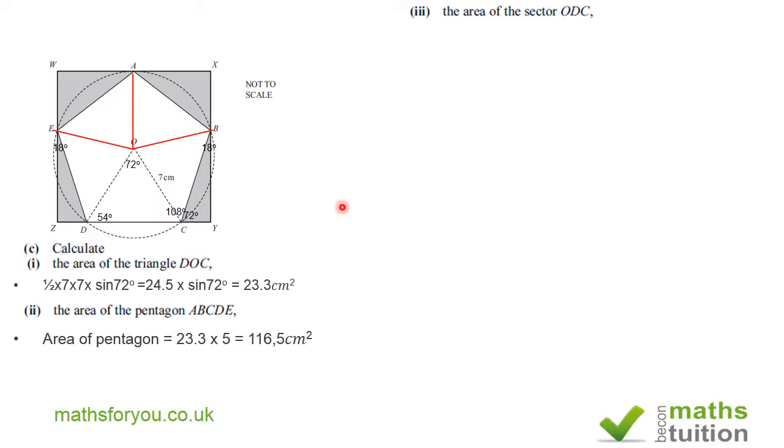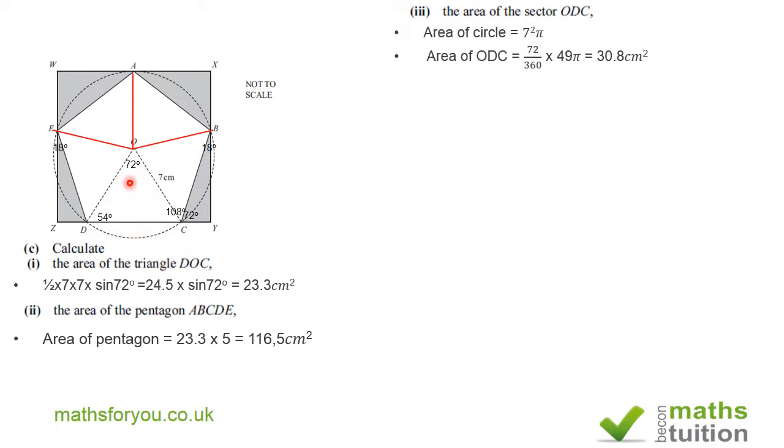The area of the circle is pi r squared, or 7 squared pi in this case, and 7 squared is 49, so 49 pi. So the area of the sector ODC then becomes 72 over 360 times 49 pi.